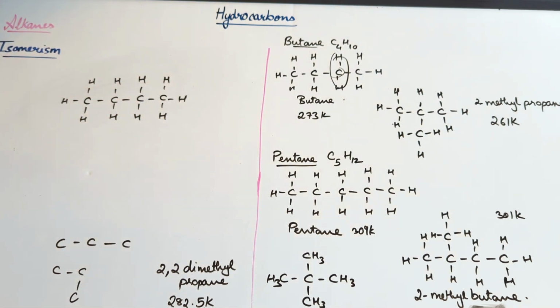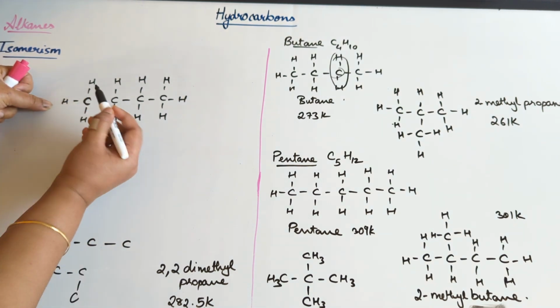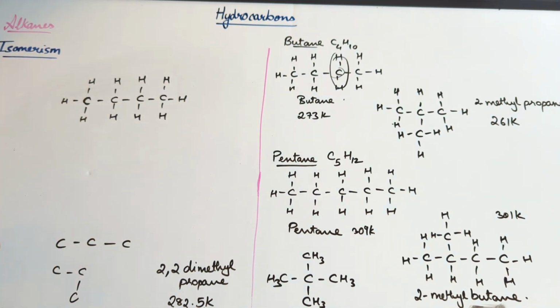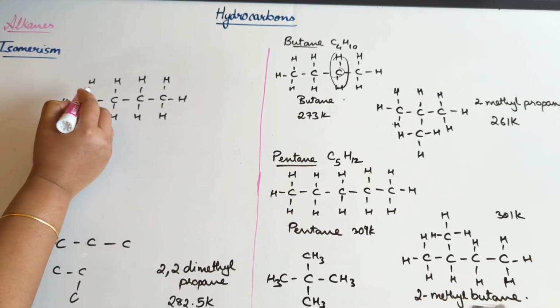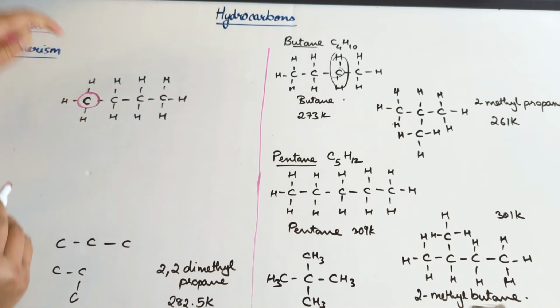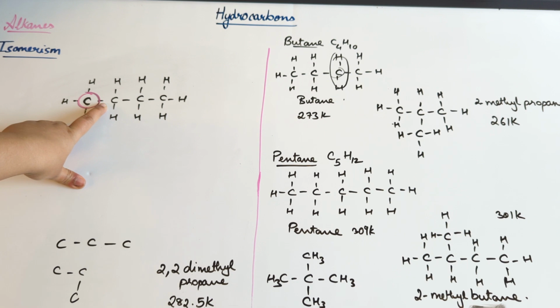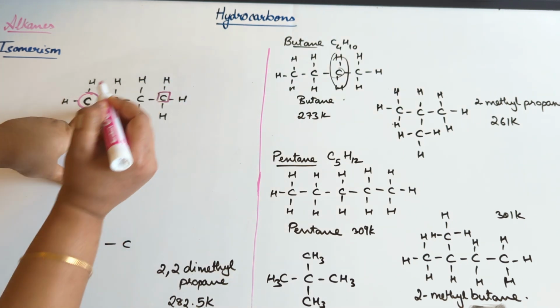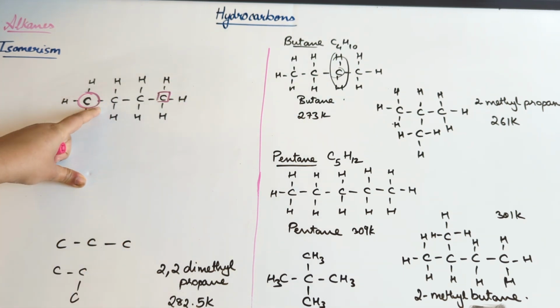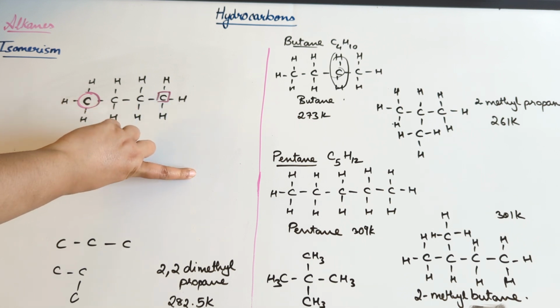So here we have two different types of carbon atoms. This carbon atom is only bound to another carbon atom. This as well as this. Both of these carbon atoms are just bound to one other carbon atom.